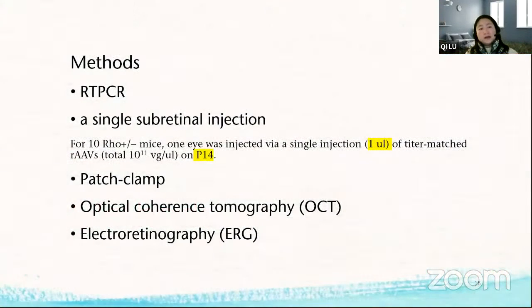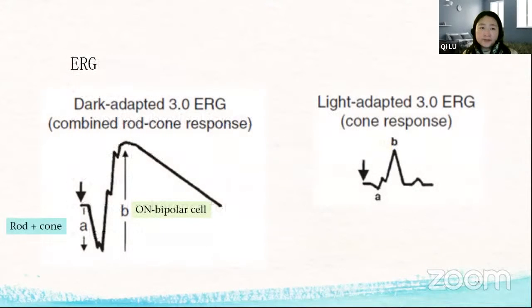They also use other methods like RT-PCR and subretinal injection, a single subretinal injection. They inject 1 microliter into the eye, subretinally, at postnatal 15 days old. And they also use patch clamp, OCT and ERG.